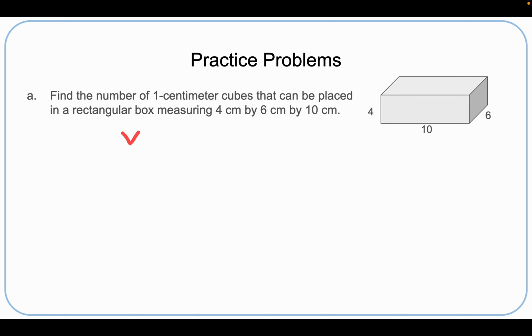The volume of this box is going to be the area of our base, 10 times 6, which is 60. And then the height is 4. 60 times 4 is 240. And then our units are centimeters cubed. So the volume is 240 cubic centimeters.